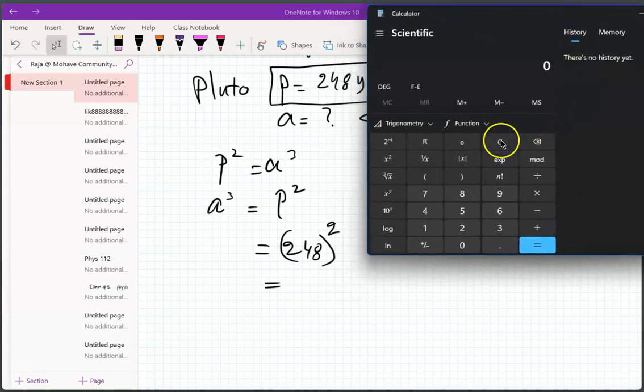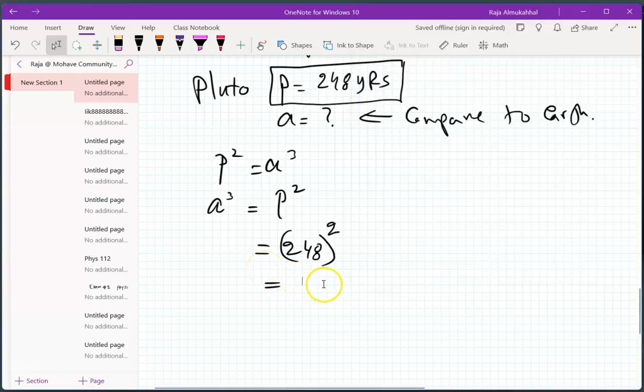So I have here, let me just delete everything. Okay, so we have 248 squared, or you can just directly square it. Anyway, so we got 61504.